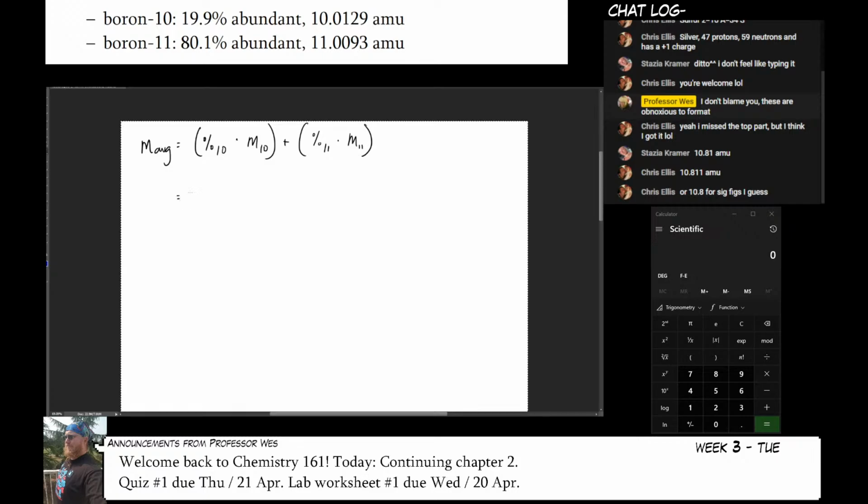And so that would equal 0.199 times 10.0129 AMU plus 0.801 times 11.0093 AMU.